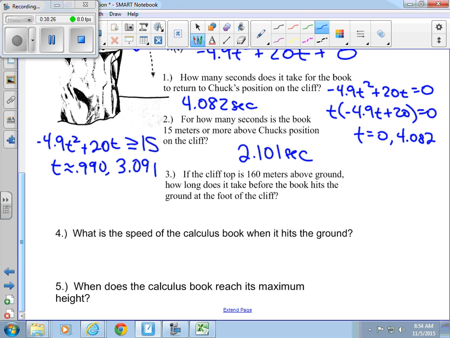You could go back and rework the whole problem with 160, which works. I like that. But how could I just leave my problem as it is? Put it over on the other side. Equal to negative 160. Don't I want to know when its height is negative 160? When I fall 160 meters below where I started.